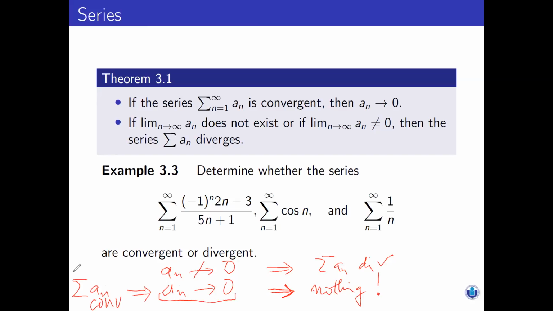You already saw that, for example, the p-series are very different series. Even though the terms of each series go to 0, 1 over n goes to 0 and 1 over n squared goes to 0, this one diverges but this one converges. This is something that we saw earlier.